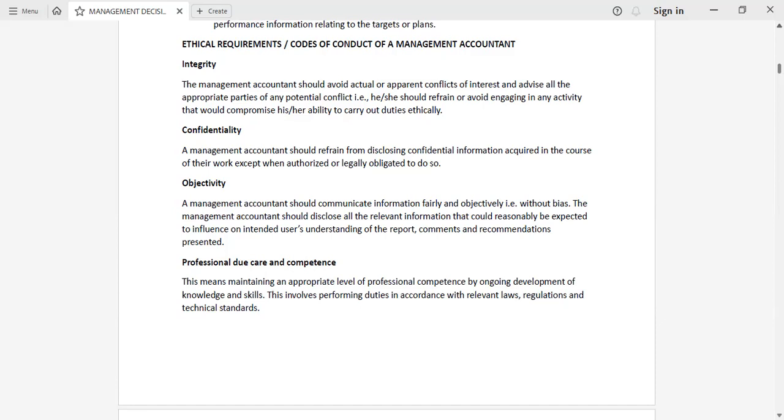Integrity: the management accountant should avoid actual or apparent conflicts of interest, and advise all appropriate parties of any potential conflict.